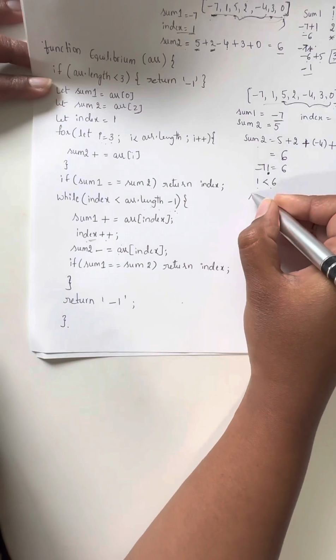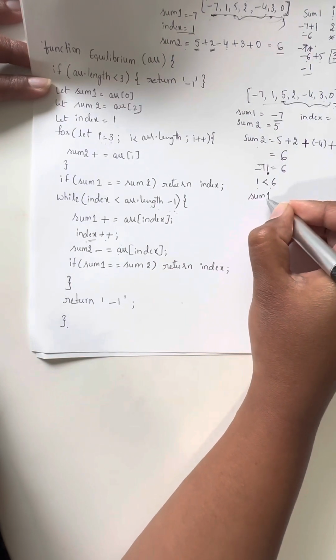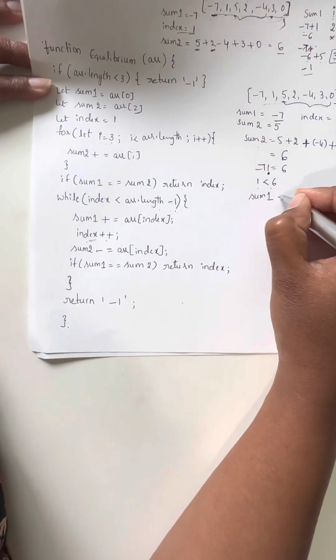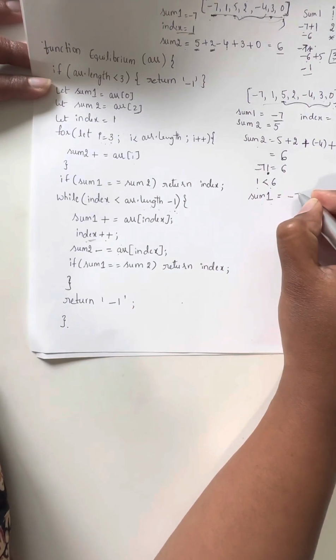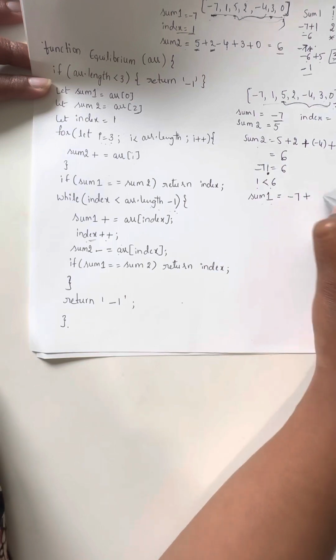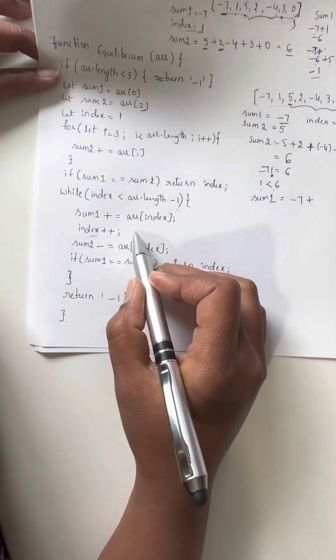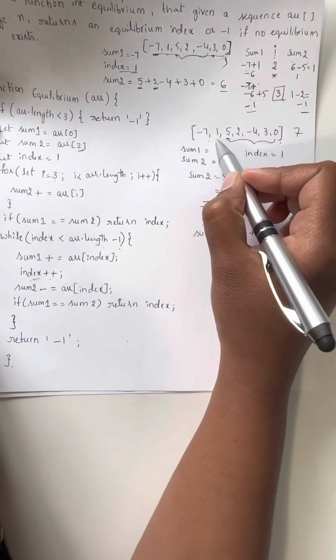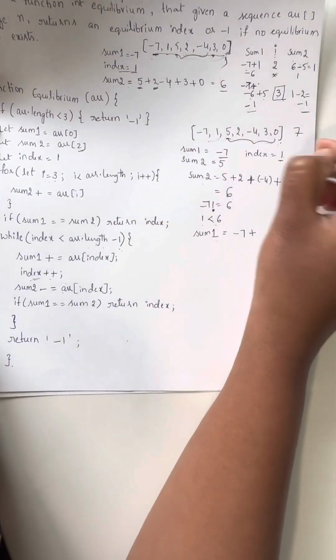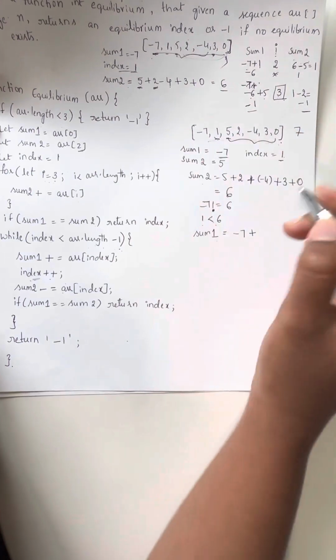So we are going to add to the sum 1. Sum 1 is minus 7 plus we are going to add array of index. Index is at 1. So at 1 we have integer 1.